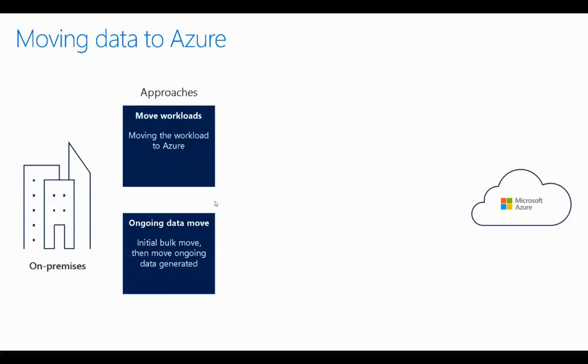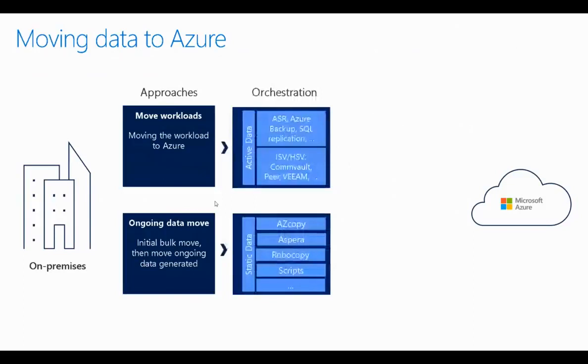You can also automate that particular move using various options and methods that Azure is here to provide, categorizing it as active data which is being used real time, or static data which once moved can directly be offered from the cloud itself.